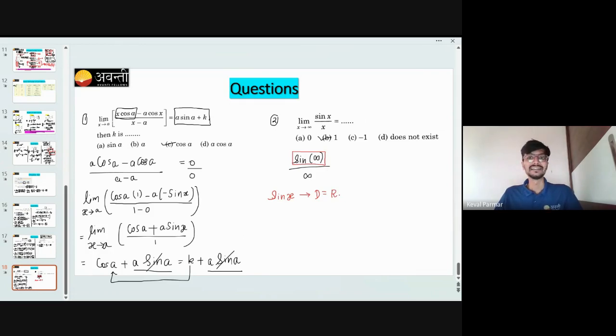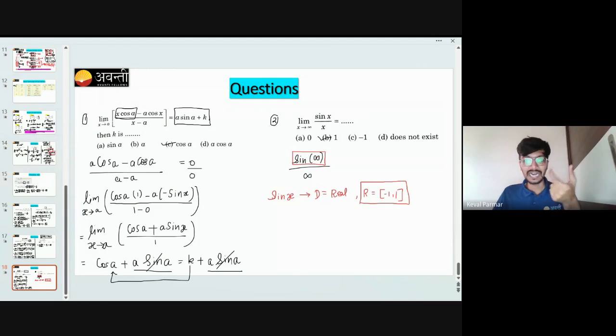All real numbers means I can put any value of x, 0, pi by 2, 90 degrees, 390 degrees, and so on. And what is the range of sin x? The range of sin x is only between -1 and 1. So this means if I put any real number, I will get an output from -1 to 1.